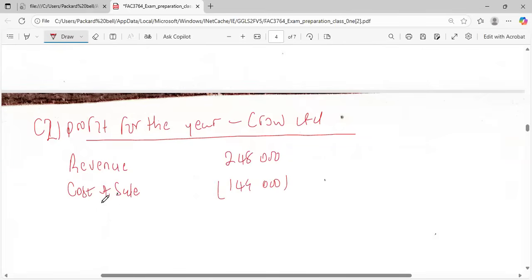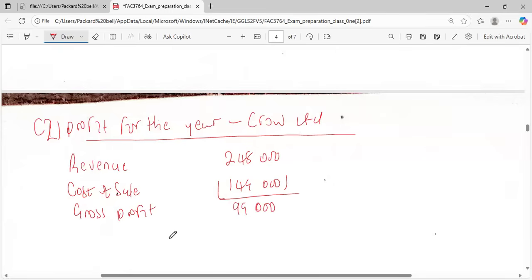Then what else do we have? We have the gross profit. What is going to be our gross profit there? 248,000 minus 149. It's going to be how much there? 99,000.